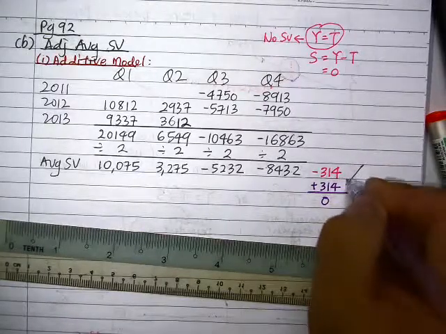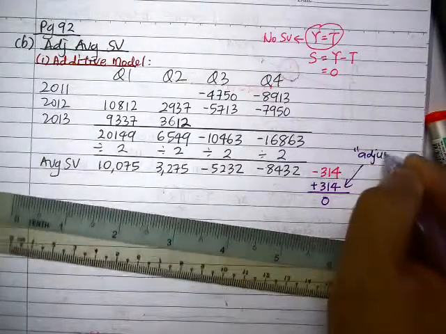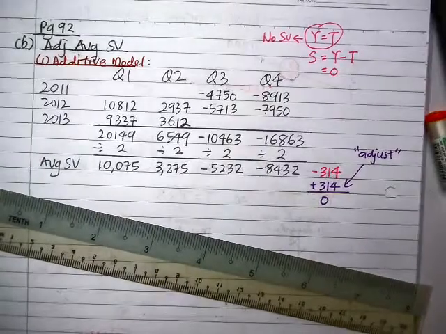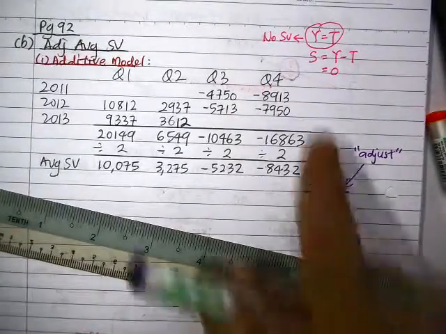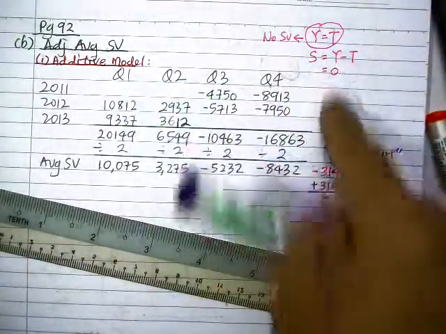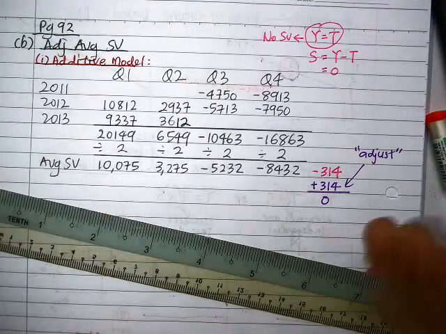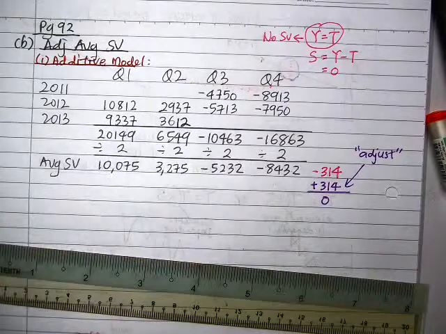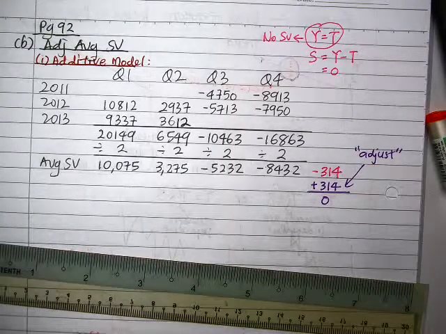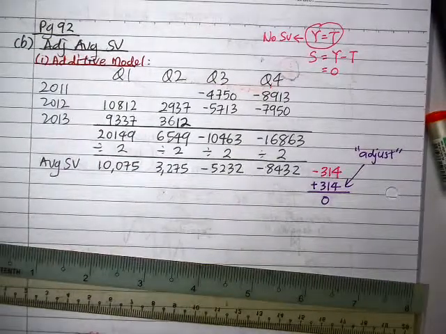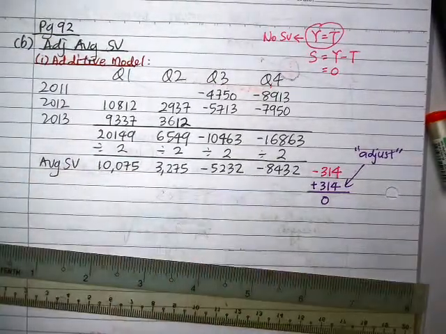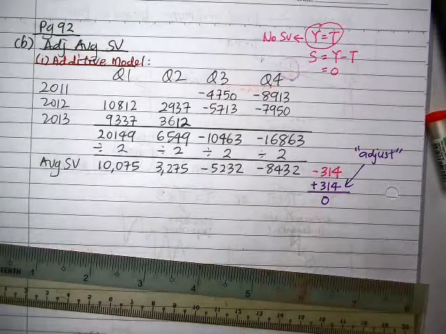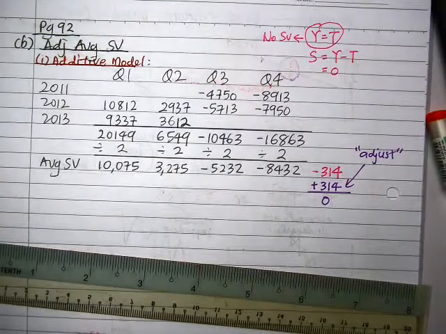Now this is how we adjust. And why 0? Because you want to achieve this effect. You put this to 0. Then how do you put that 314 back into your seasonal variation? Normally we will just divide them, average them out to all the seasons. So if you take 314 divided by 4, you get 78.5.